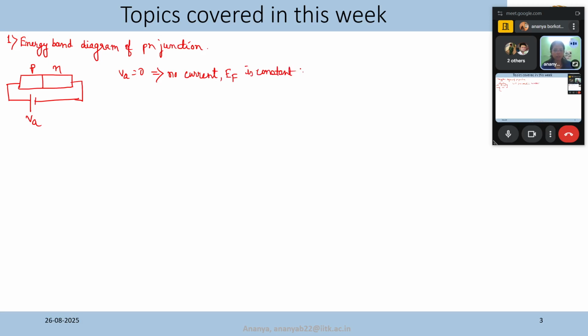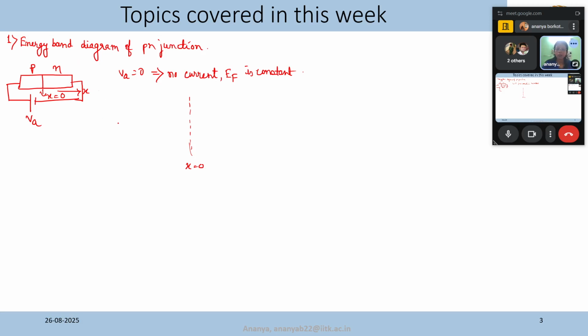So how do we draw the energy band diagram for VA equal to 0, that means in equilibrium condition. First, always draw the metallurgical junction. What is the metallurgical junction? This, and we often denote it with x equal to 0 if we are considering this as our x-axis. The energy band diagram is energy levels versus position.